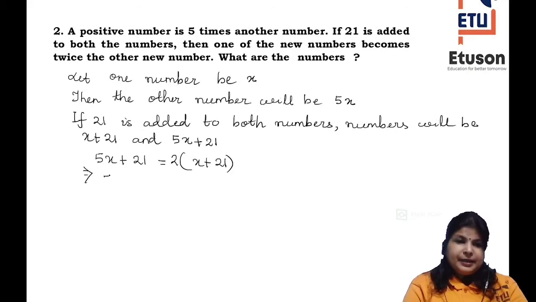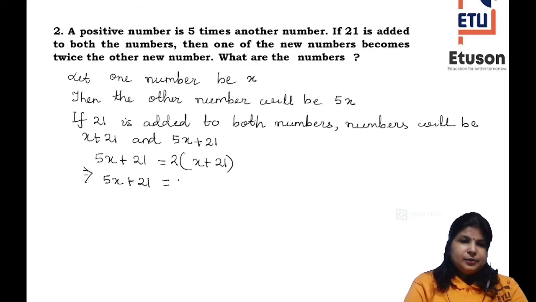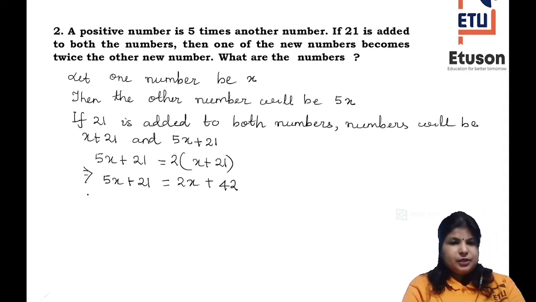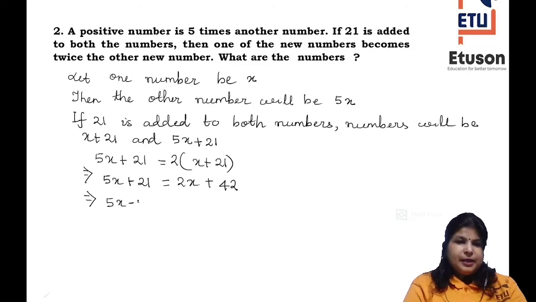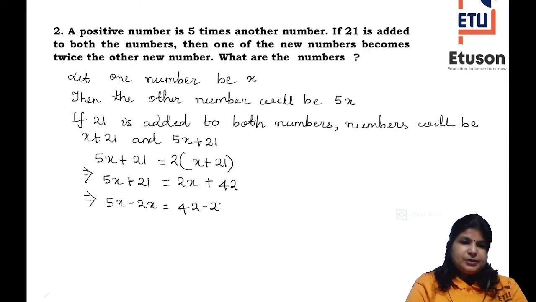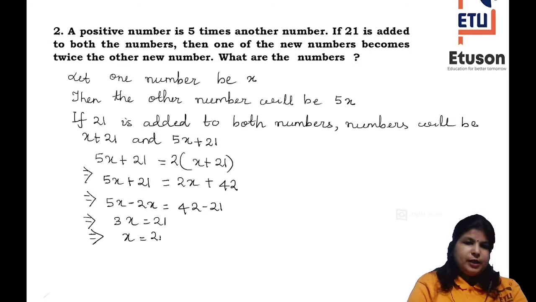So it implies 5x plus 21 is equal to 2x plus 42. So 5x minus 2x is equal to 42 minus 21. So your 3x is equal to 21 and your x is equal to 21 divided by 3, that is 7.